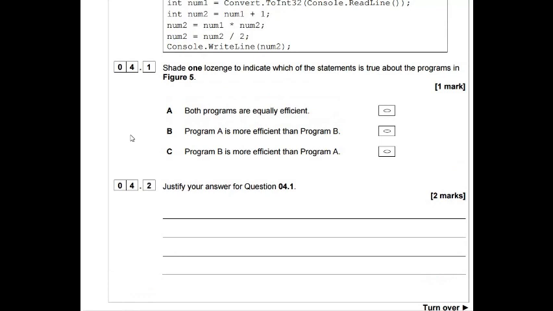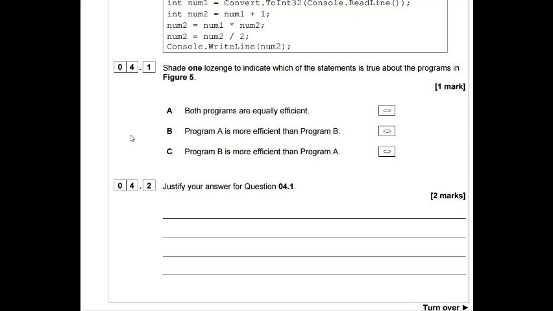Okay, now what we need to do is say why did I pick C? That's a 2 marker. So it'll take a lot less time for the computer to execute program B, because fewer lines of code will be executed.